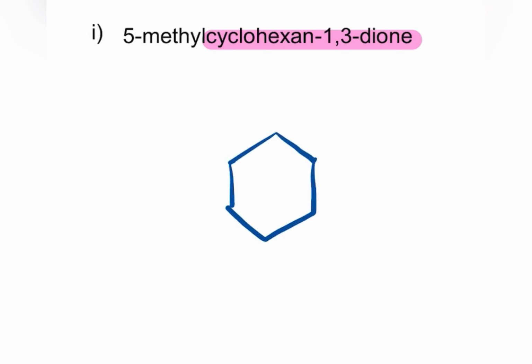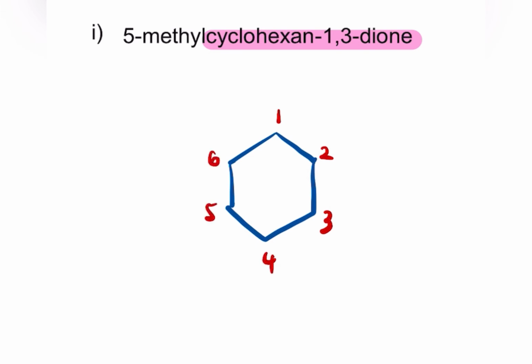Let's go to the next one, which is structure I. I have my parent, which is cyclohexane-1,3-dione. So this is a cyclic ring with 6 carbon atoms. So draw that first. And then after that, you have to put your numbering. So I'm going to put the numbering at each of the carbon atoms.